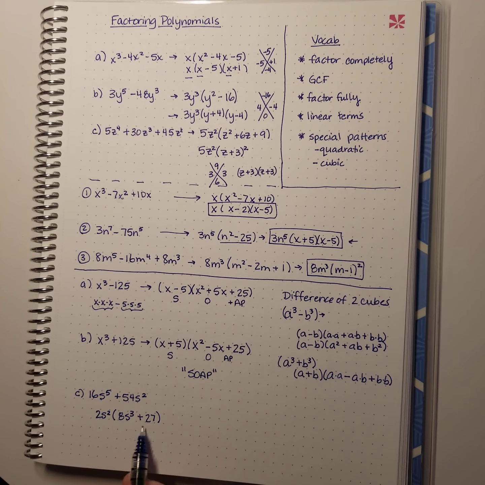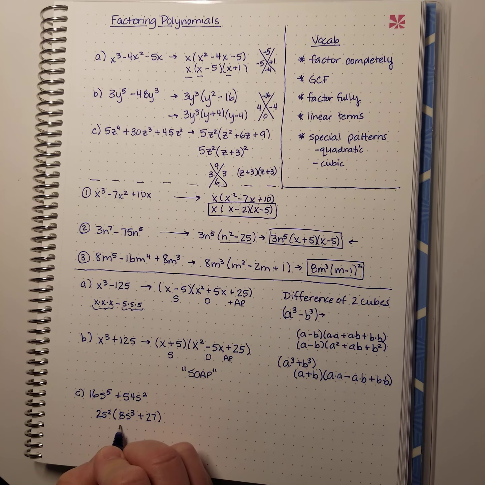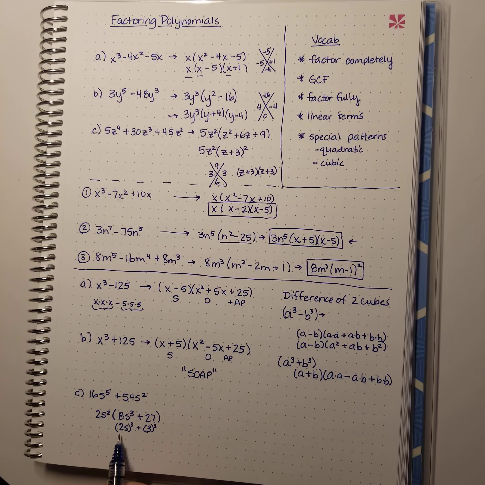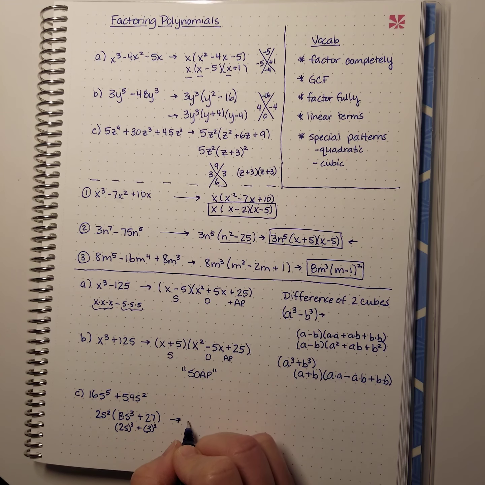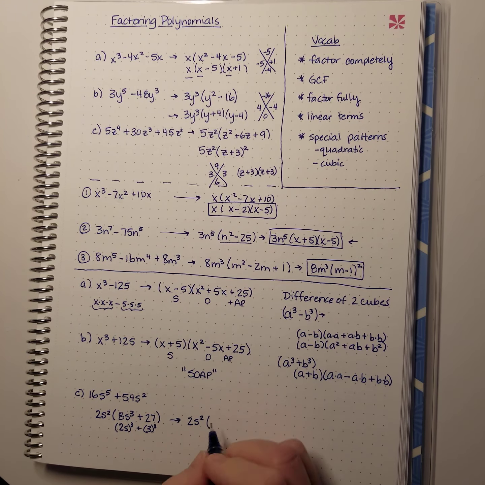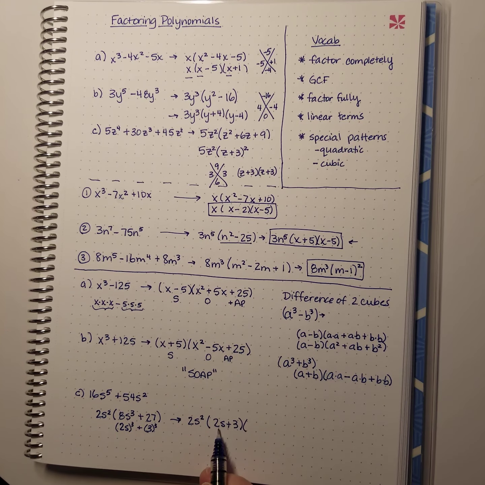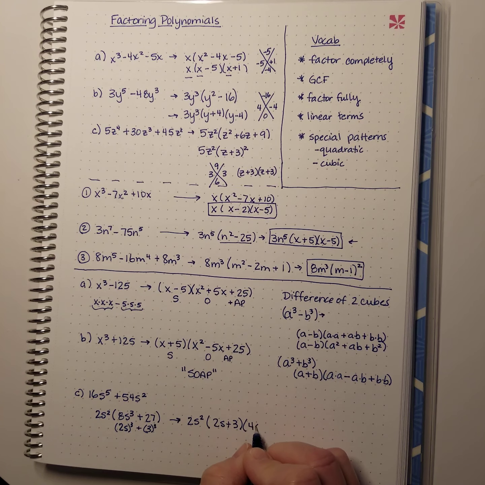Okay, so now this is 2 cubed. So we've got 8, that's 2 cubed. 27 is 3 cubed. So it looks like this is going to be 2s cubed, right? And this is plus 3 cubed. So my a is 2s, my b is 3. So when we fully factor this, we're still going to have this whole 2s squared here, times 2s plus 3, and then we're going to have 2s times 2s for 4s squared.